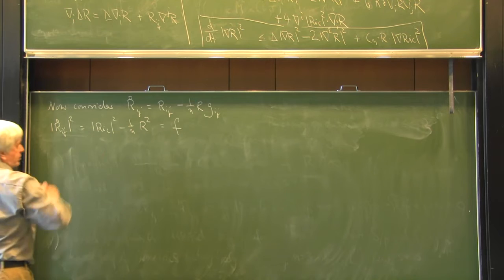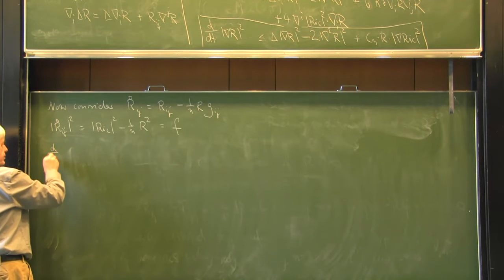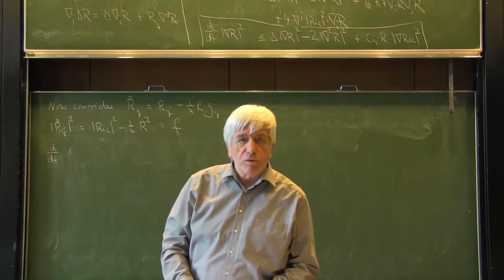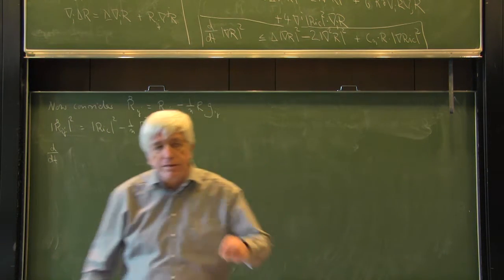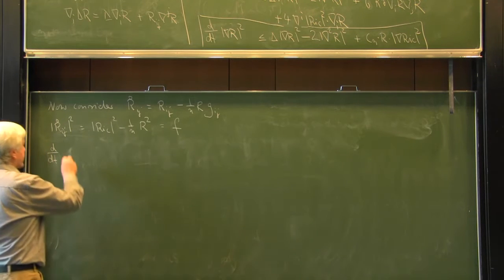So let's just compute now d/dt of f. d/dt of f has to be computed from the evolution equation for the Ricci curvature, and we did that in the course where I computed all these evolution equations.